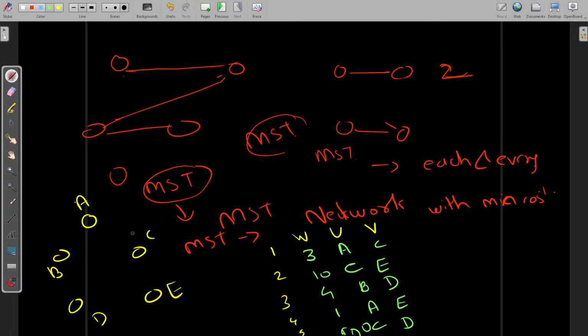So if these are our edges and we want to optimize for the minimum cost, then what we can do is initially not place any edge, and sort all the edges in ascending order of their edge weight: 1, 3, 4, 10, and 100, and then try to connect those edges. First would be AE, second AC, third BD, then CE with 10, and the last is CD.